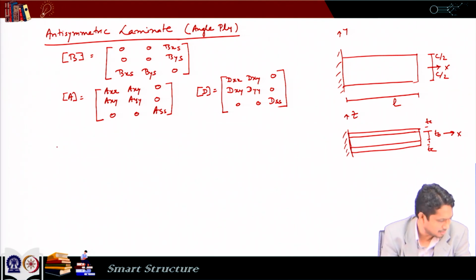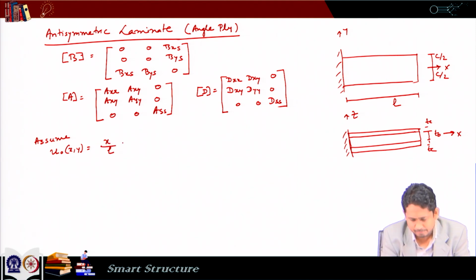So, now let us make some approximation. Assume u0 as a function of x and y is, the approximation that we take is x by L q u1.